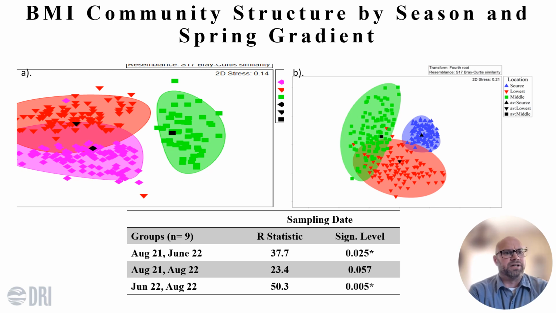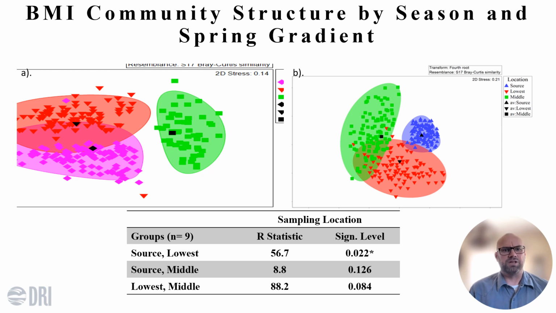by sampling period. So this is figure A on the left, where we can see that there was no real difference between the community structure sampled in August 2021 and June 2022. However, by August 2022, we do see a statistical difference between the BMI communities, indicating that the system recovered after the monsoon season.